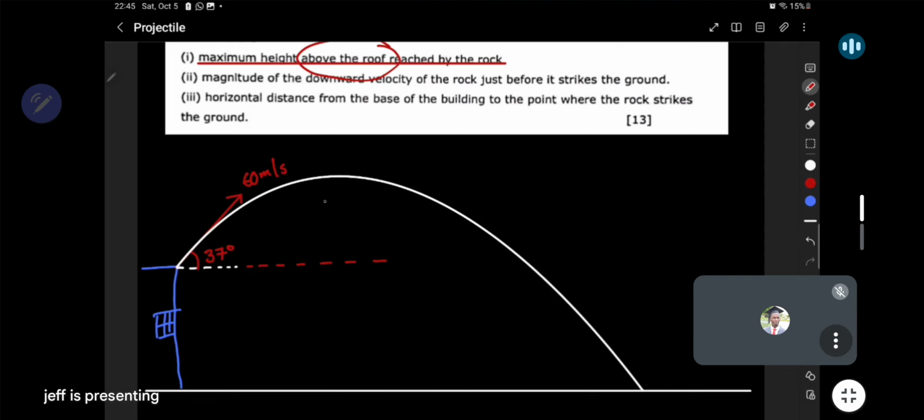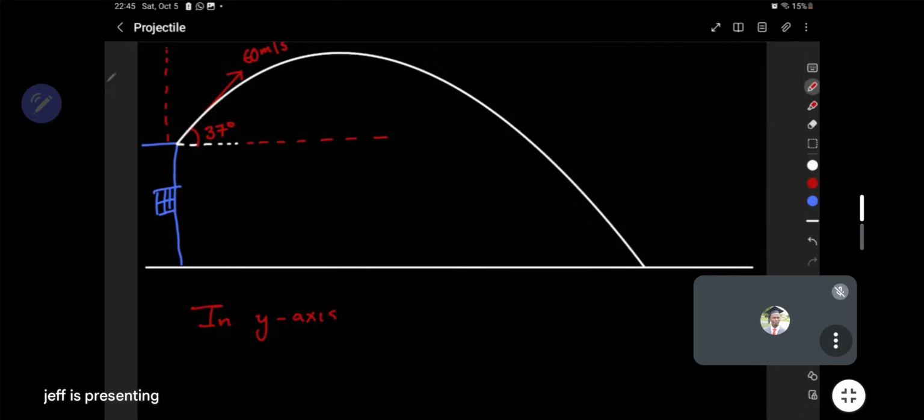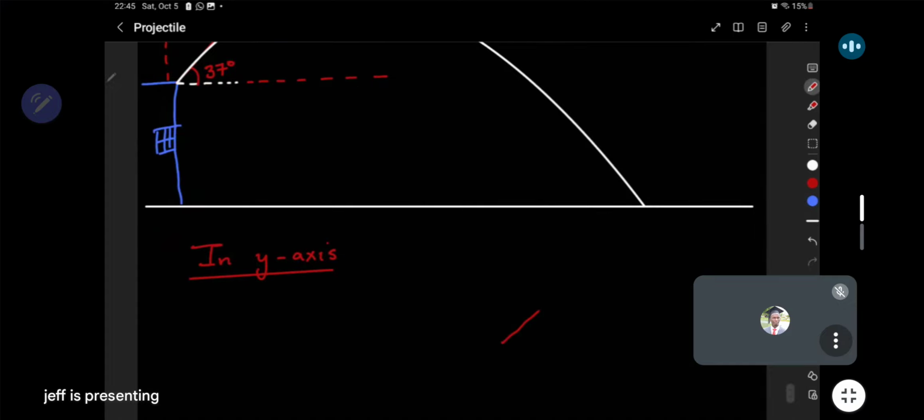So if we're just looking for above the roof, meaning we're starting from the roof, going up to the maximum height, what do we know? This is all happening in the y-axis. What is the initial velocity in the y-axis?